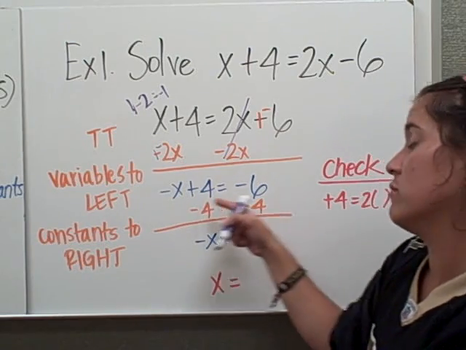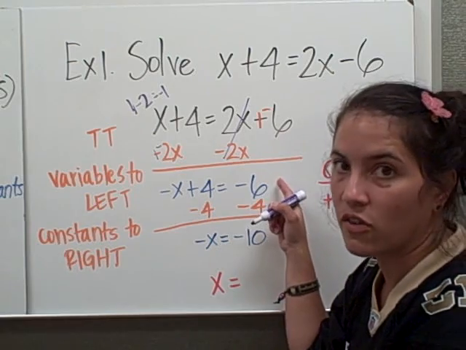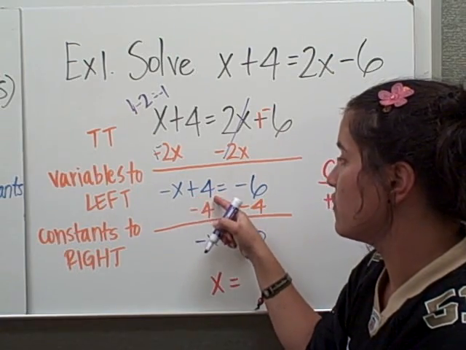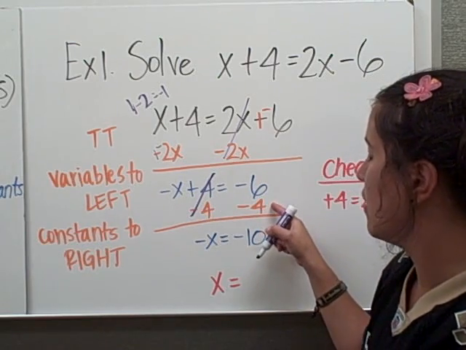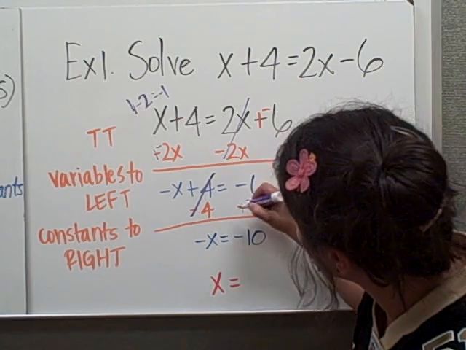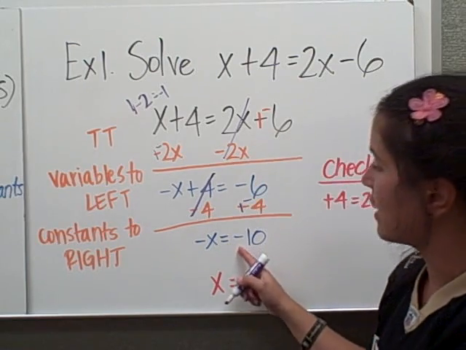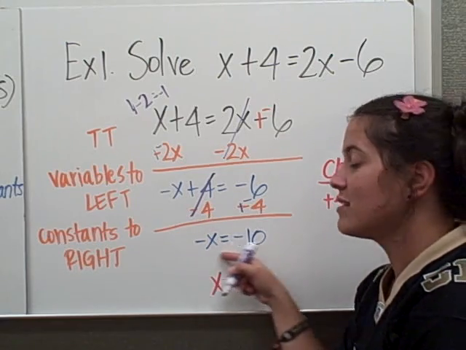Now I have a two-step equation, so I want to move my constants to the right. This is a plus 4, so in order for me to move it over, I have to inverse, minus 4. Negative 6 minus 4, we touch that twice, and I get negative 10. Bring down my negative x equals negative 10. This is not okay.